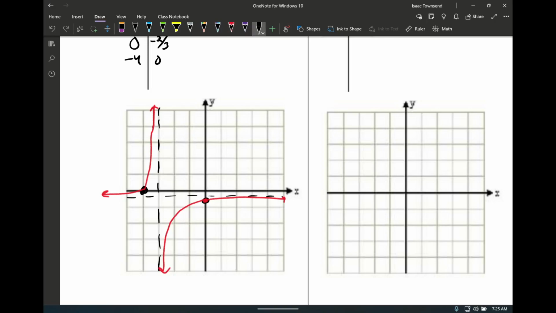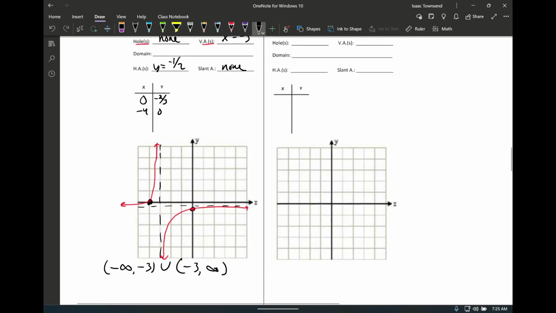And then finally, for domain, it looks like it's hitting every x value except -3. So we need these, and we need those. Everything to the left of -3 and everything to the right of -3 would be domain.